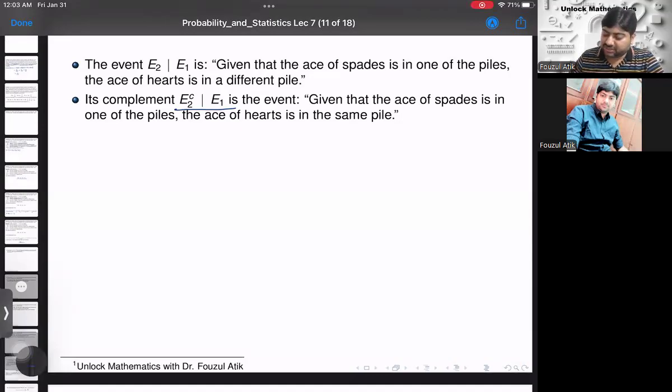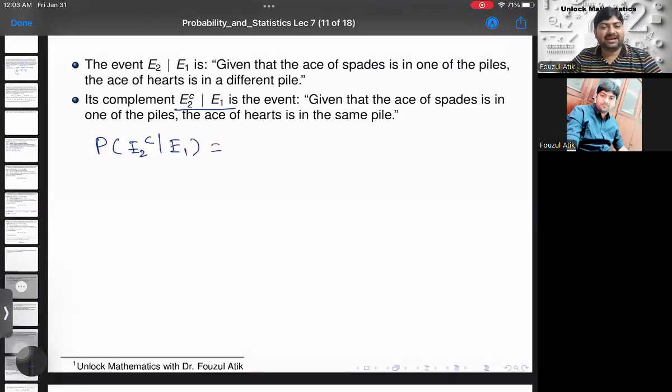So E2 complement is that where the ace of spade is, the ace of heart is in the same pile, given that E1 already happened. Now, what is this probability? We want to find P of E2 complement given E1.